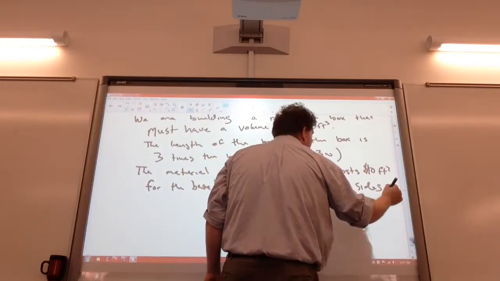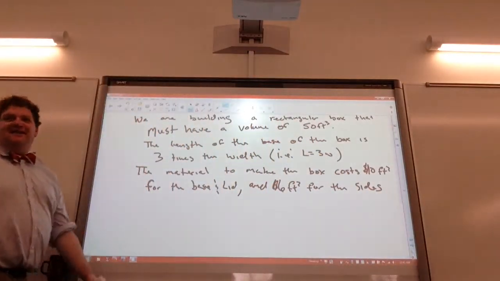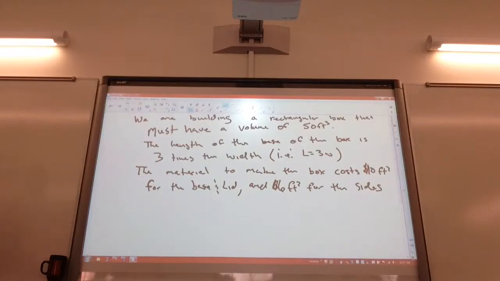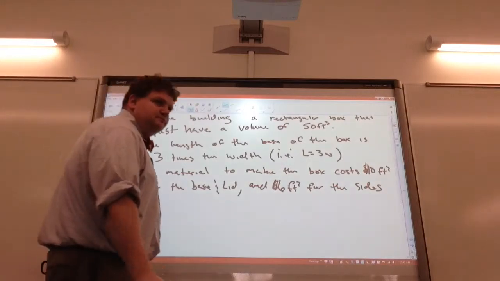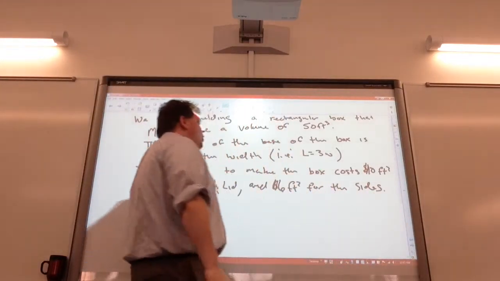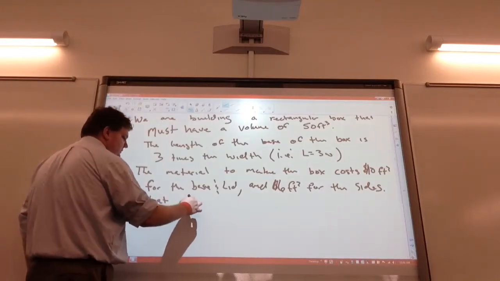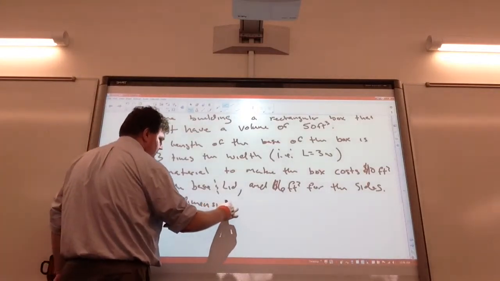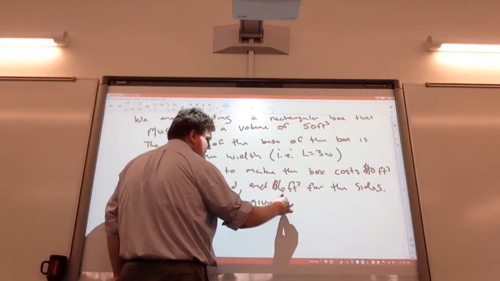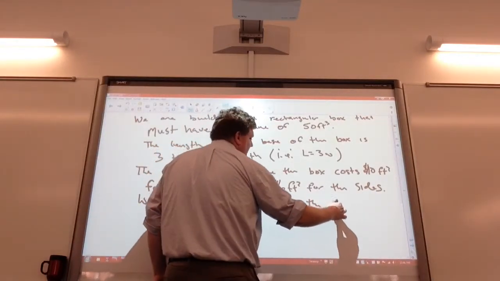We're building a very expensive box here. Not a cardboard box, obviously. It's made out of ebony wood and oak and things like that, for the sides. What dimensions give us the cheapest box?